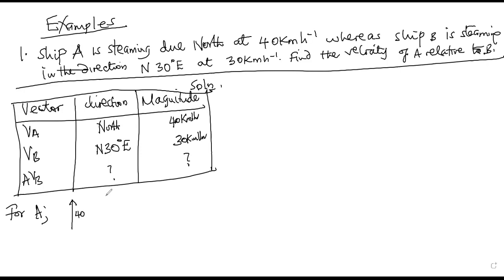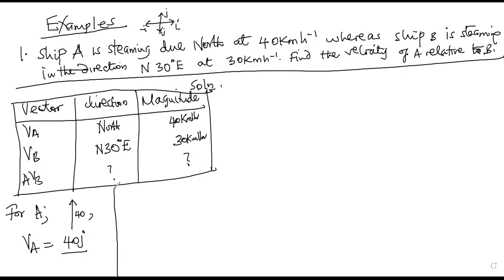So it means that velocity of A is, if it is north or south, we use J. If it is east or west, we use I. So this is the 40 J. In other words, if I'm to show you the background, this is positive I, this is negative I. This is positive J, this is negative J. As simple as that. So if you have due north, it means that we are having positive J. So it is 40 J. That is velocity of A.